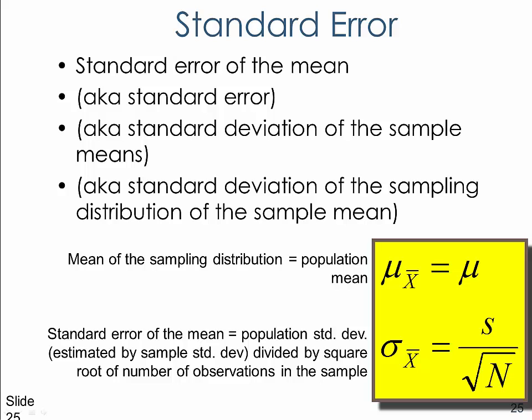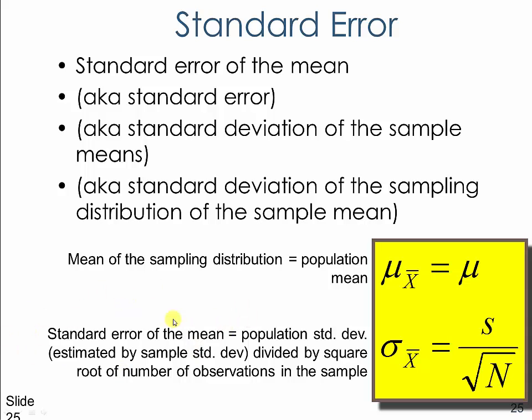So if the mean of the sampling distribution is the population mean, that is mu sub x bar equals mu, and the standard deviation of the population is estimated by s, the standard deviation of the sample, s is divided by the square root of n, the number of observations in the sample. So here we have the formula.